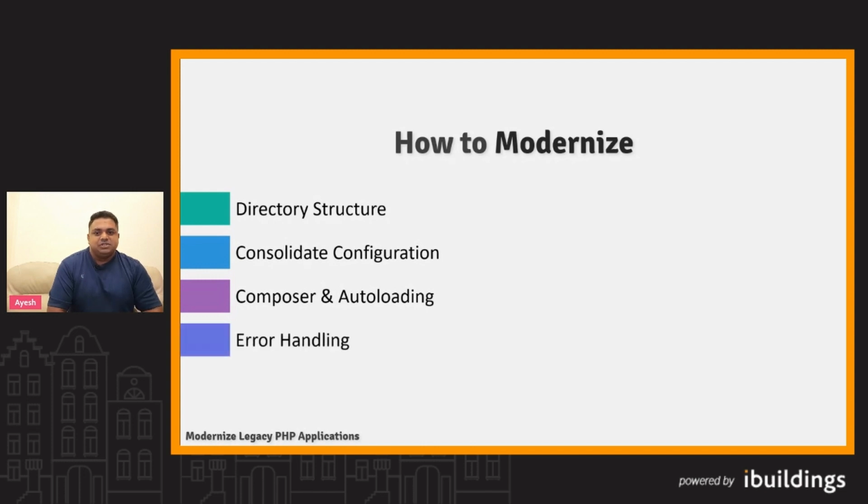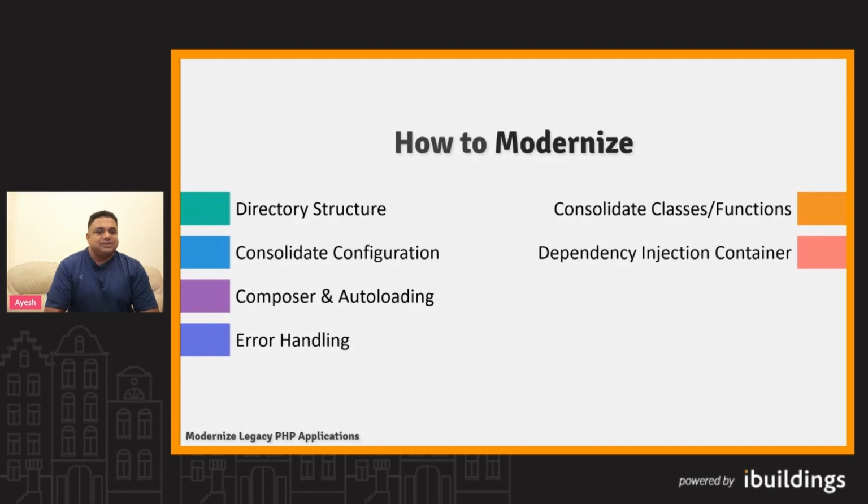We will double-check our error handling and try to use more exceptions where they are appropriate, and then use global error handlers as well. We will consolidate our classes and functions into neatly organized individual files, individual classes, and then we will also optimize them to be used with dependency injection, which we will talk about in a second.